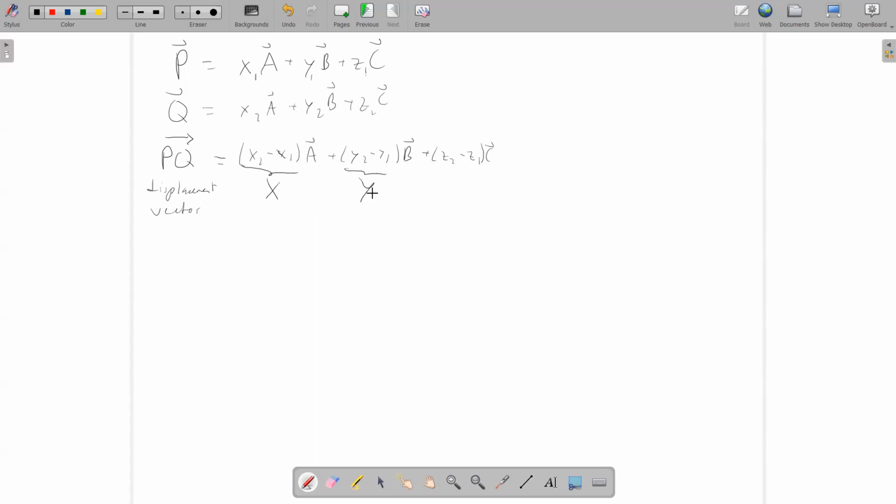And I will abbreviate this by calling this big X, this big Y, and this big Z. And if you notice, in a displacement vector PQ with coordinates X, Y, Z, its coordinates don't add to 1, they add to 0.